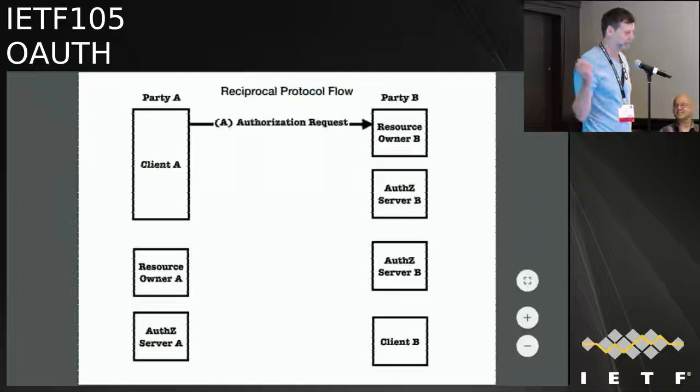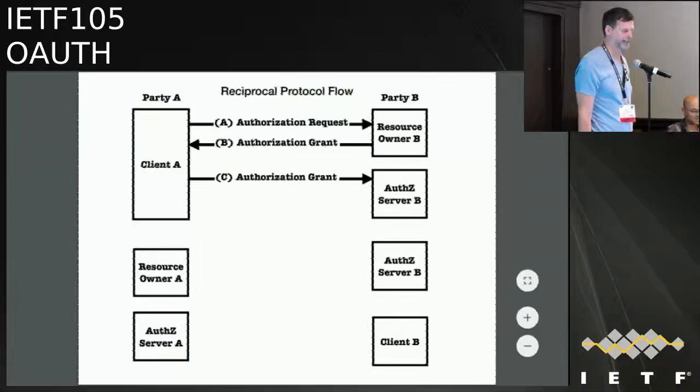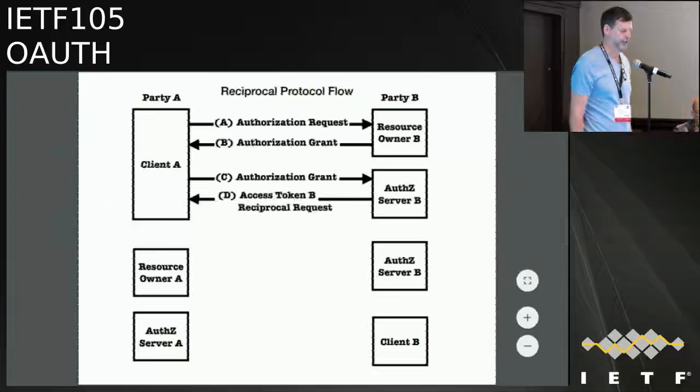So this is just your standard OAuth. Somehow you get an authorization request to the resource owner, you get some kind of grant back, and then you make a call with that grant, and this is the one place where things change: the authorization server says, hey, I would like to get a token as well, optionally, and can put in a request of which scopes it would like to have.